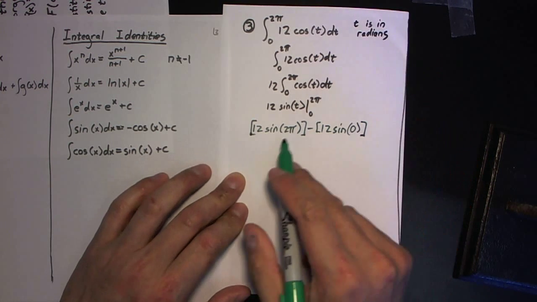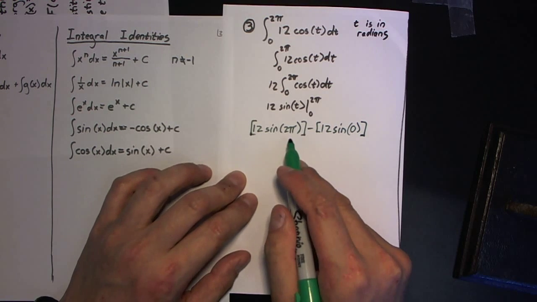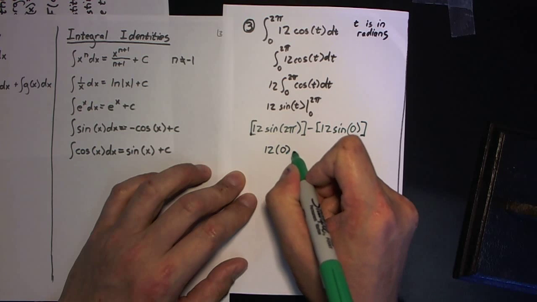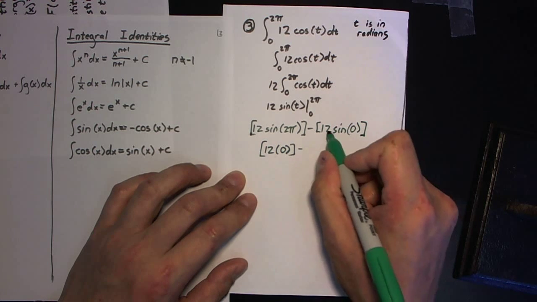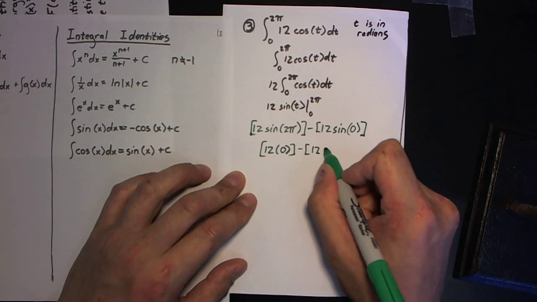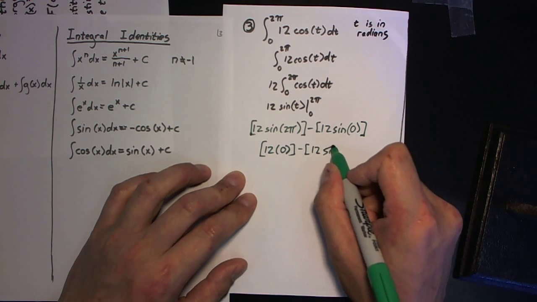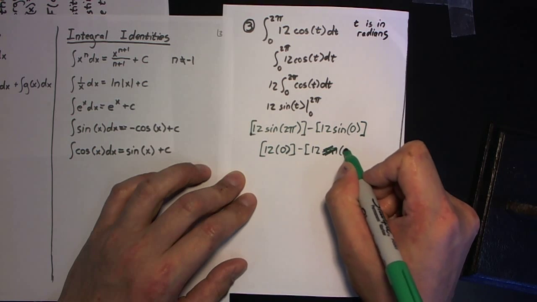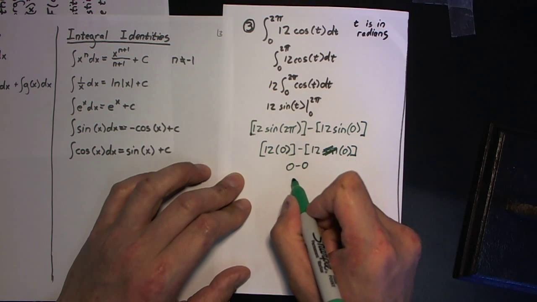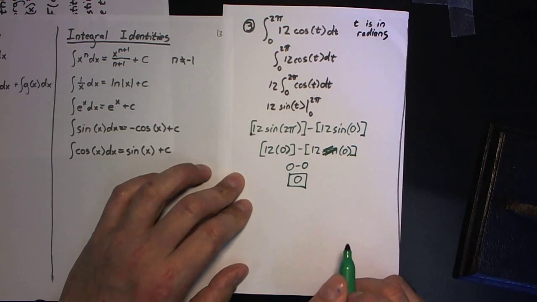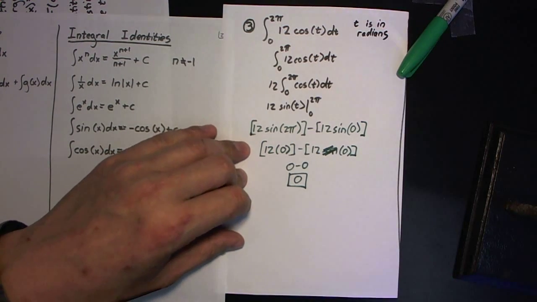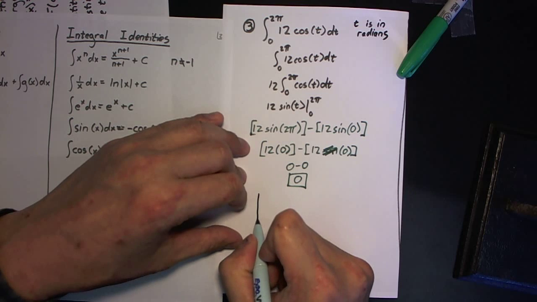And remember, we said that t is in radians, so sine of 2 pi radians is 0, so that's 12 times 0 minus, all right, sine of 0 radians is also 0. Sine of 0 anything is 0. 12 times 0 is 0, 12 times 0 is 0, so we get 0 minus 0, and that means our answer is 0.